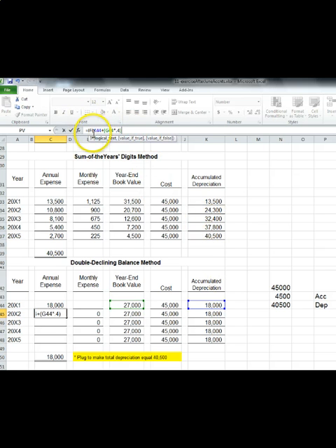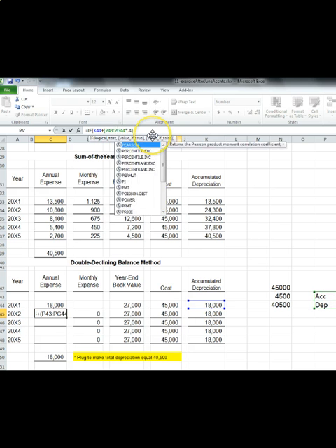Okay, so if you look up here, I have IF, and I have beginning accumulated depreciation, the $18,000, and I have added to that this year's depreciation expense, which was $27,000, this G44 times 40%. So that formula right there is giving me what our accumulated depreciation would be.